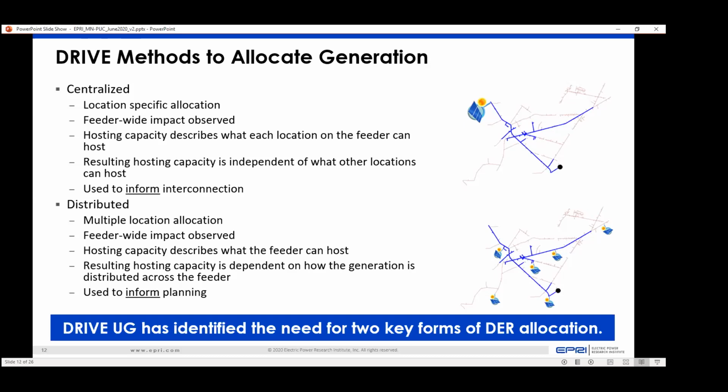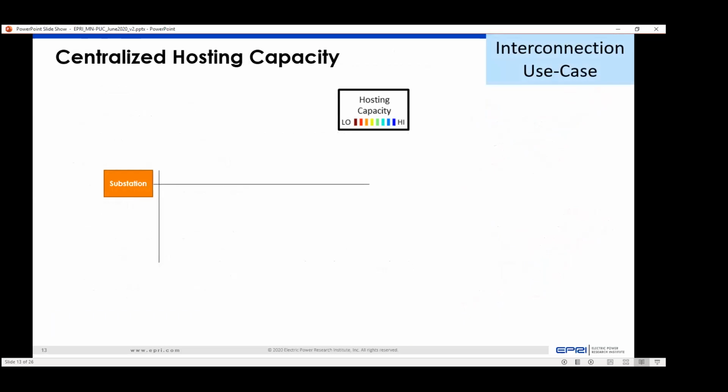And that's informing planning as you start to think about the future. So those are the two main ways to allocate generation onto a feeder to calculate hosting capacity. And I have a few slides here set up to really drive that point a little bit further home.